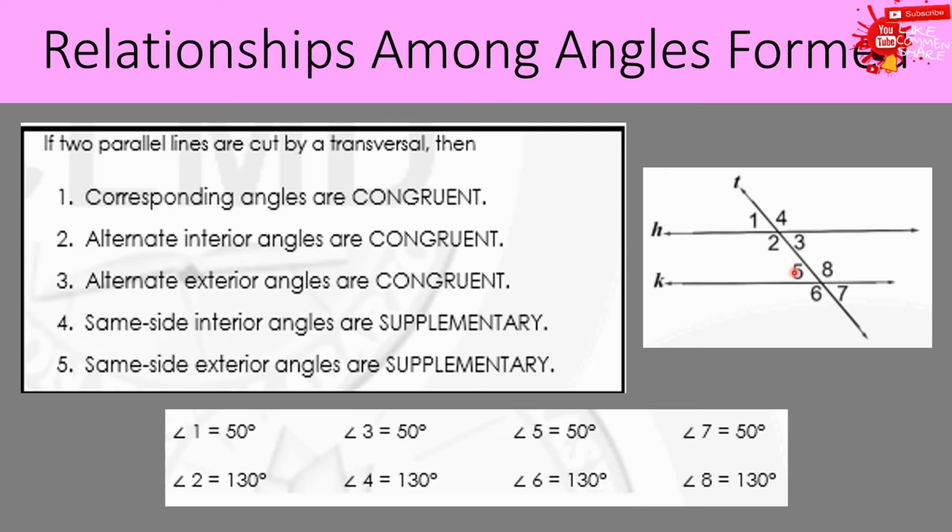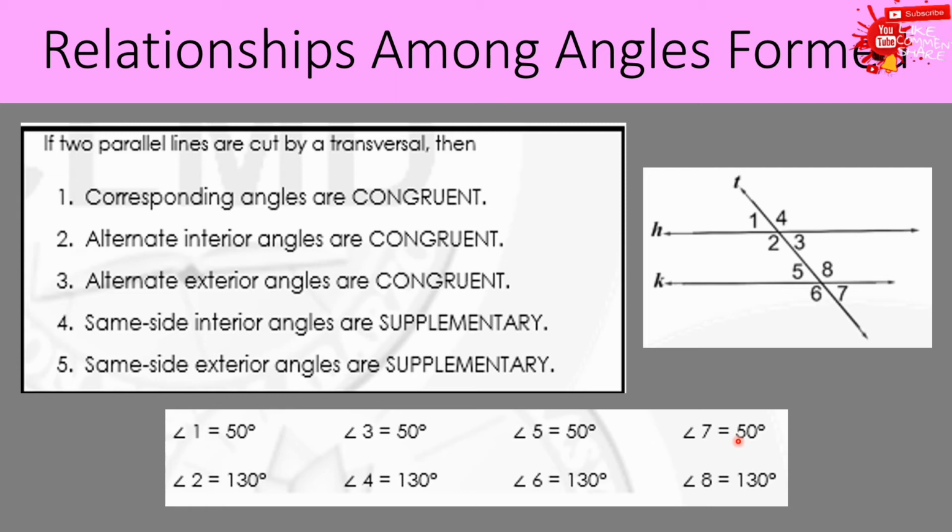So it means that angle 5 is 50 degrees. Since angle 5 and angle 3 are alternate interior angles, therefore, angle 3 measures 50 degrees. Okay, do you understand why angle 1 measures 50 degrees, angle 3 is 50 degrees, angle 5 is 50 degrees, and also with angle 7, 50 degrees.